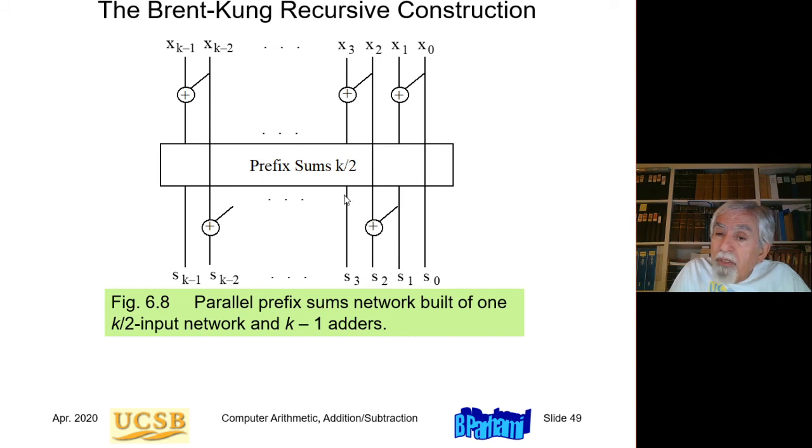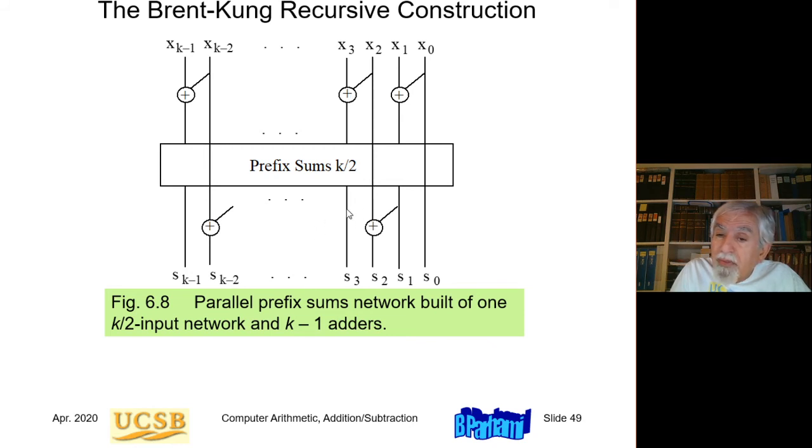The second output of the box will be the sum of this input and this input, which is x0 plus x1 plus x2 plus x3. So half of the outputs that I need are already formed by that box, S1, S3, all the odd index outputs. And then the even index output like S2 can be computed by taking S1 and adding x2.